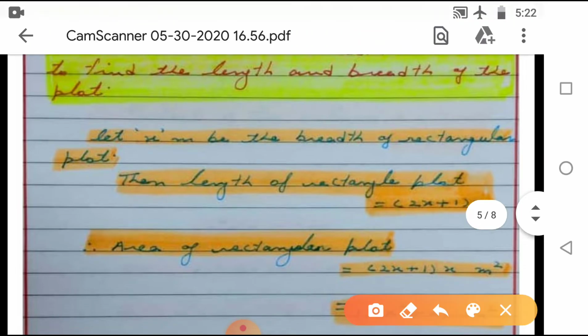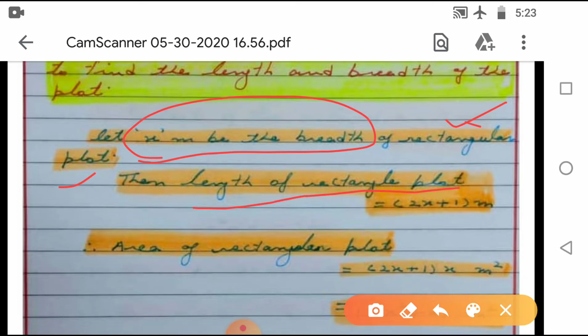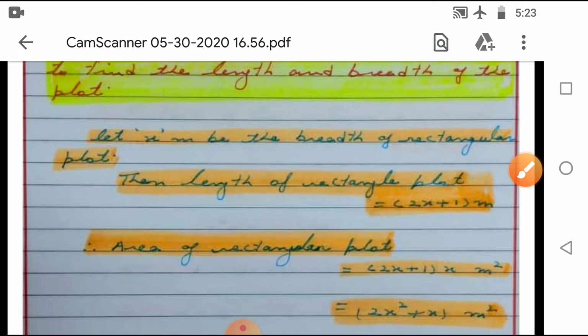So, look at this. Let x meter be the breadth of the rectangular plot. No issue. And as we know, it is given in the question that length is 1 more than twice its breadth.